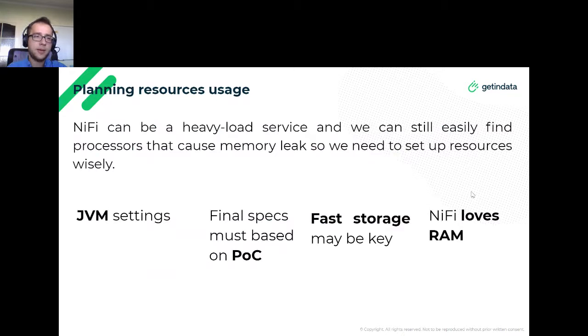When we talk about running our Java application, in that case NiFi on Kubernetes, we need to plan the resource usage. So as the whole story for which we planned and made the migration, we started with the 3 node NiFi cluster that works on bare metal, and we decided to divide it into 5 separate instances.